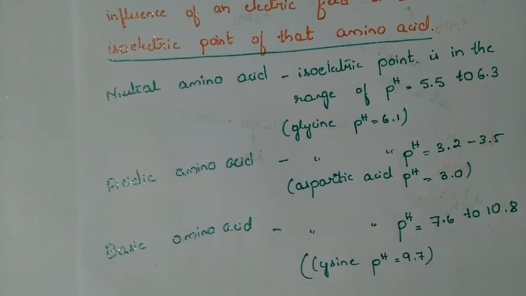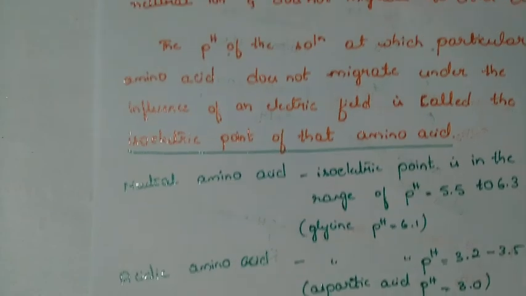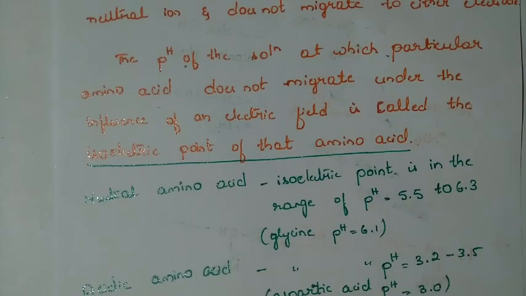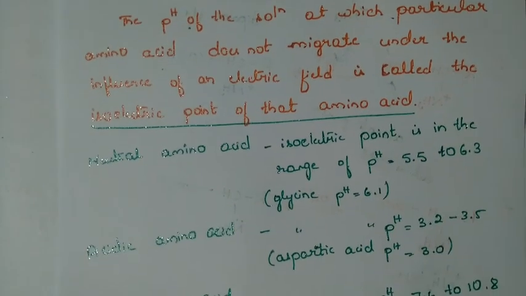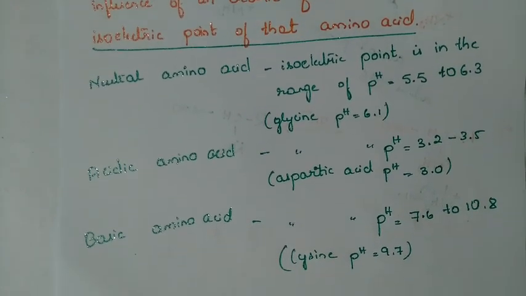So the isoelectric point is nothing but the pH at which the amino acid doesn't migrate towards either electrode under the influence of an electric field. It is completely based upon the functional group. As the functional group changes, the isoelectric point is also going to vary.